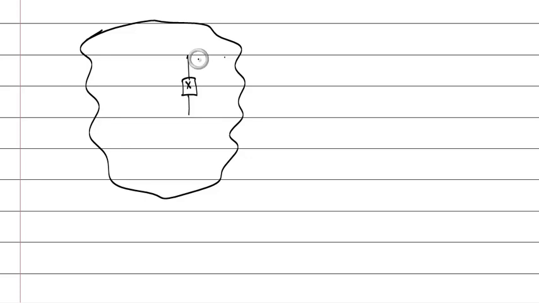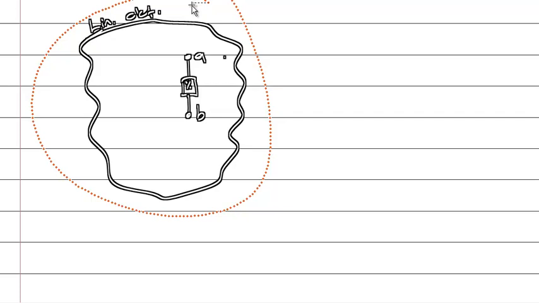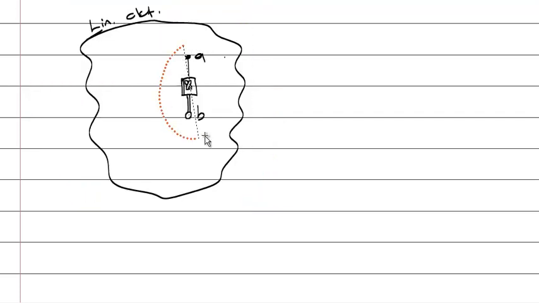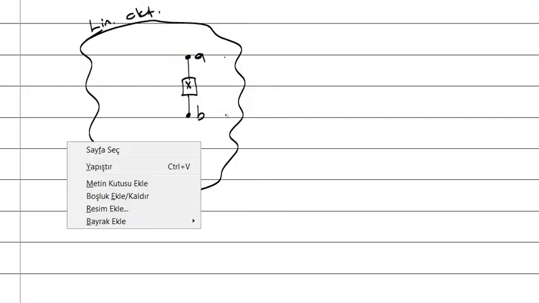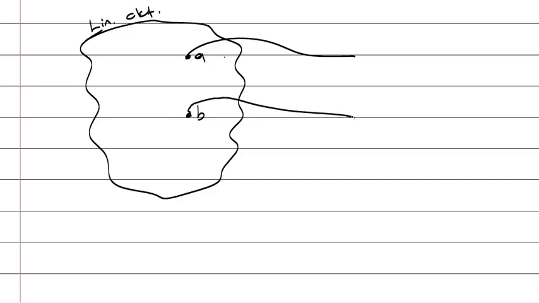Instead, this component is connected to 2 points of that circuit. This is a linear circuit. Instead, you reject that component. This is the circuit. You reject that component and you find the Thevenin equivalent of that.